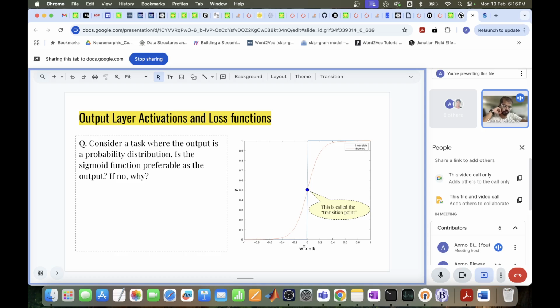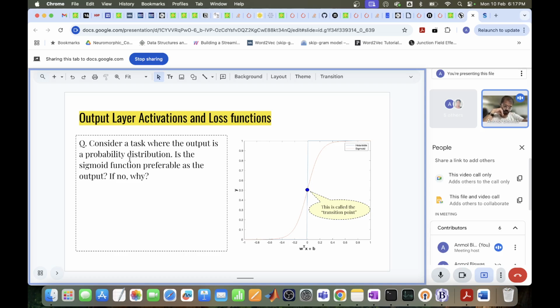This is the sigmoid function, which we had discussed in the previous session as well, so it should be very familiar to everyone. The question is, consider a task where the output is a probability distribution. So as the output, let's say you want to get the probability distribution of a certain item being present, given the inputs.